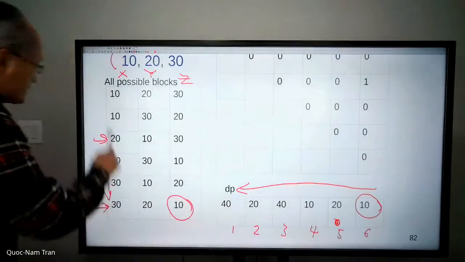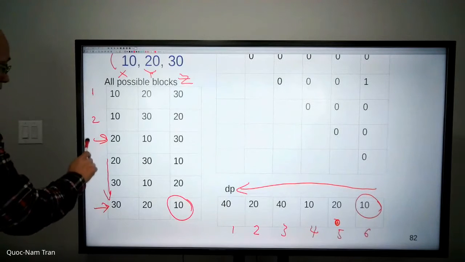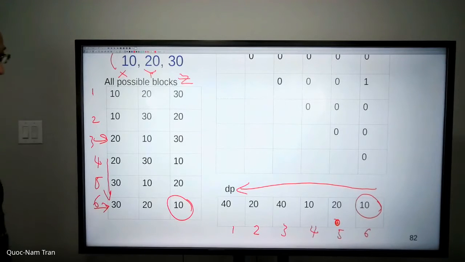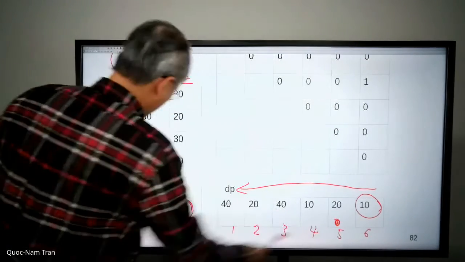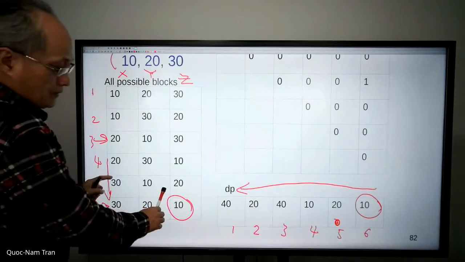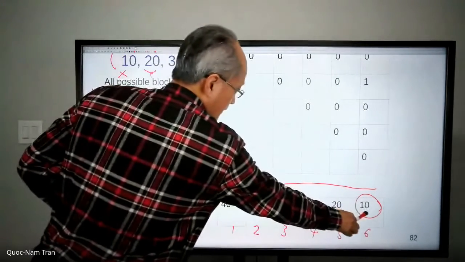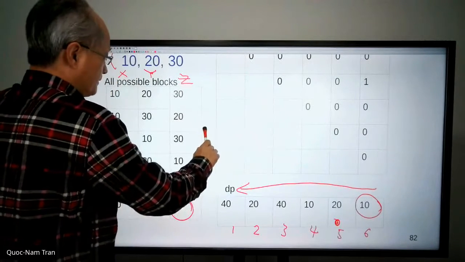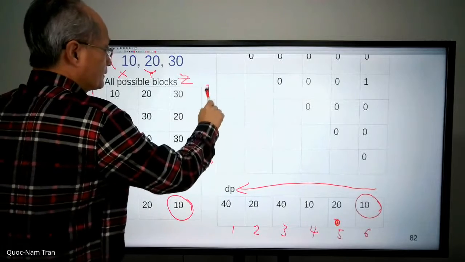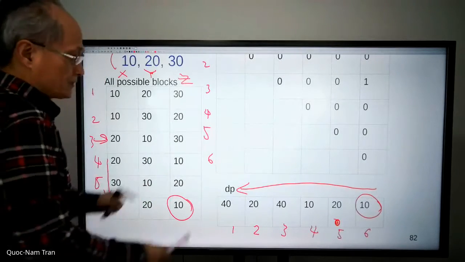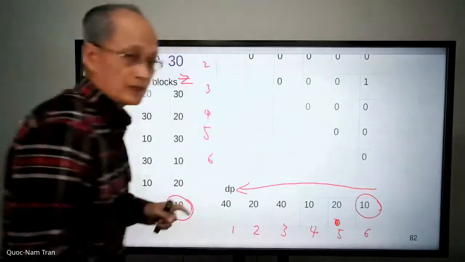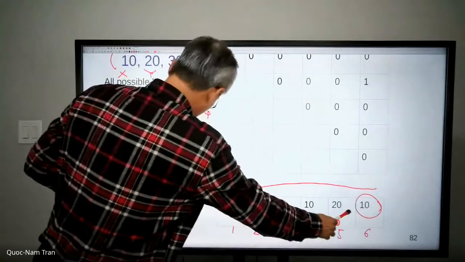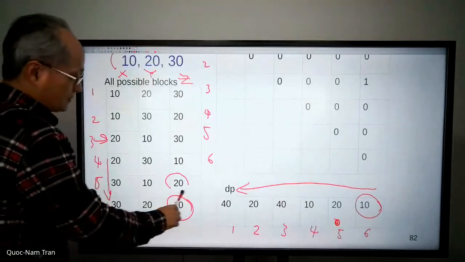It corresponds with 1, 2, 3, 4, 5, 6. Okay, 5. We want to know whether or not 5 can be put on top of this. Here we have again 5, 4, 3, 2. So here 5 cannot be put on top of that.